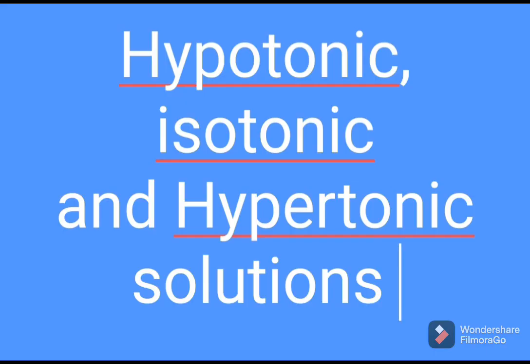If the solution has the same water concentration as inside the cell, then that solution is called an isotonic solution. And if the given solution is very concentrated, meaning the concentration of solute is more and the concentration of water is lower, then it is called a hypertonic solution.